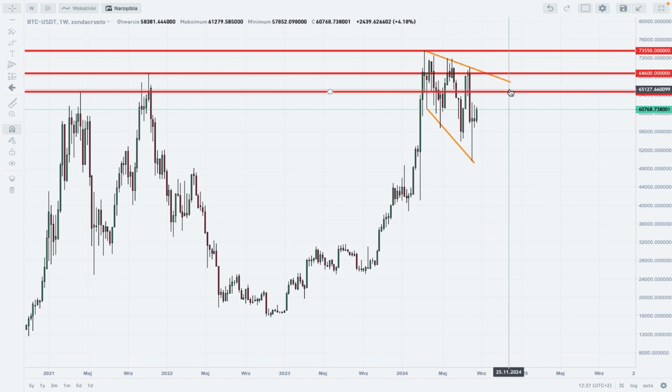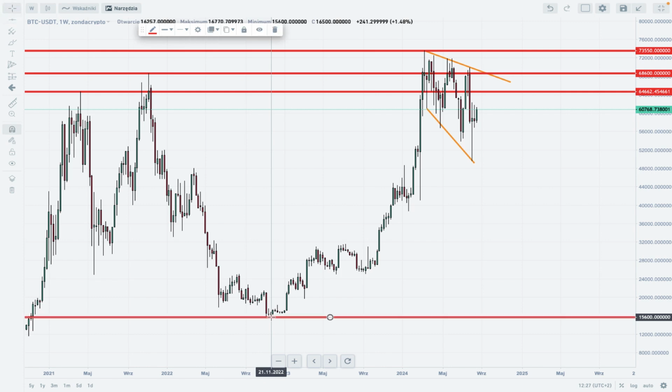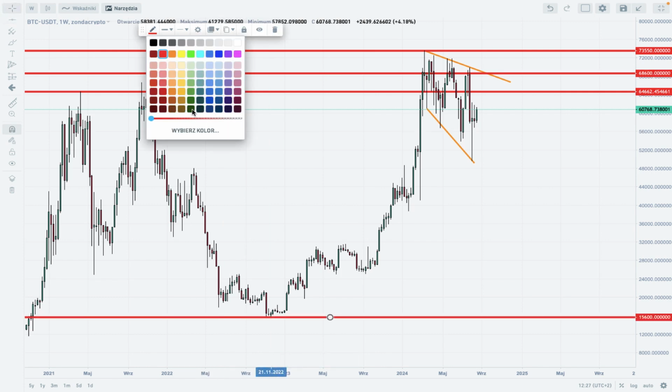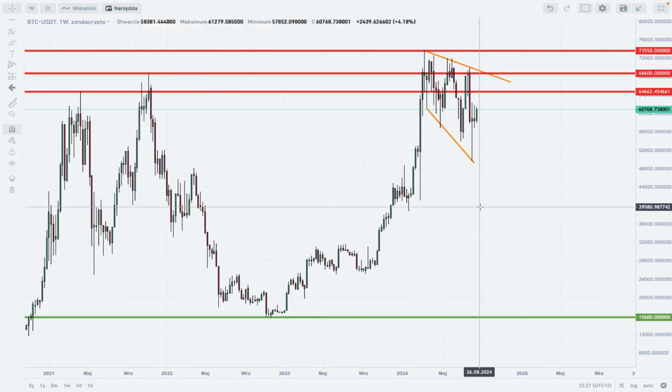This is like a supply zone, of course. But if we take a look here on the bottom and we apply our technical support, you can see that this swing to the upside is very aggressive and dynamic.